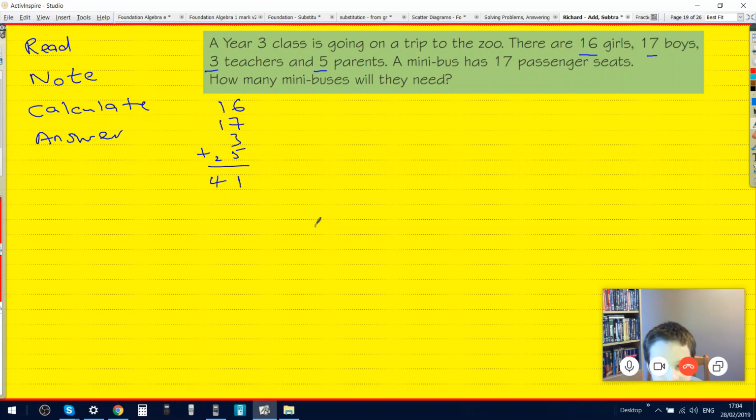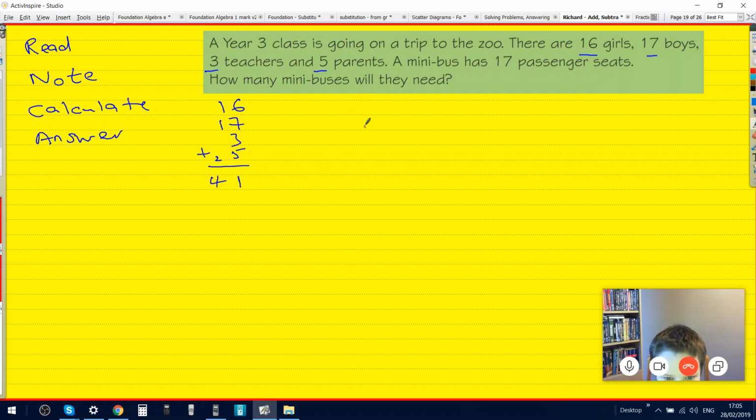Now it says a minibus has 17 passenger seats, and so since there's 41 people, they're obviously gonna need more than one minibus for starters. I think they're also gonna need more than 2. So how many?